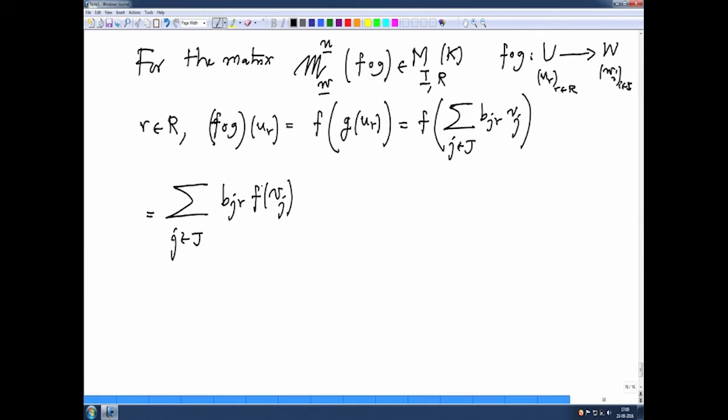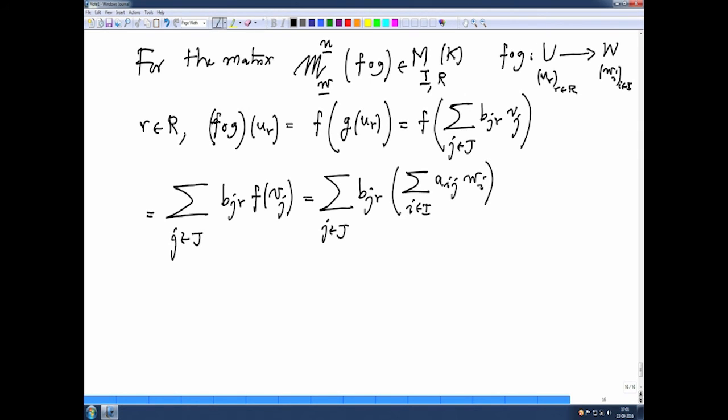But F of V_J I know. So this is the same as the summation over J in J of B_JR, and then I write this in terms of W_I's. That is written as the summation over I of A_IJ W_I.